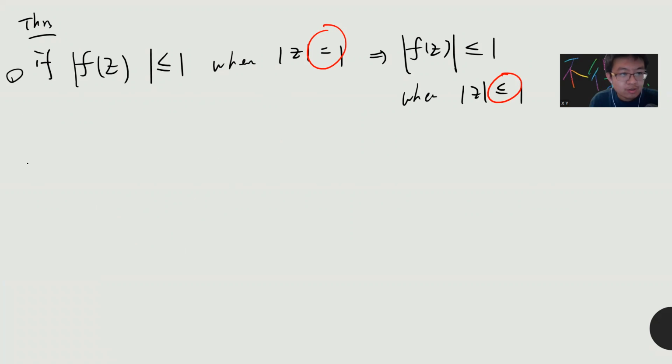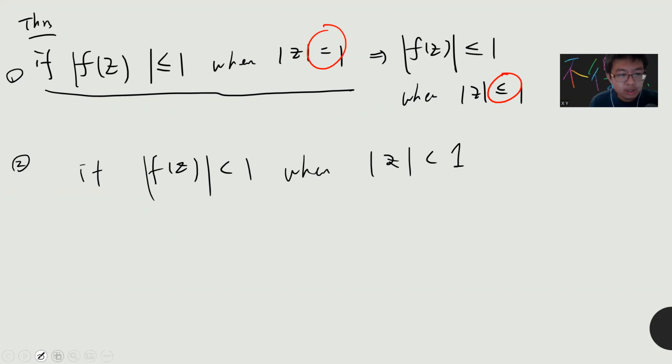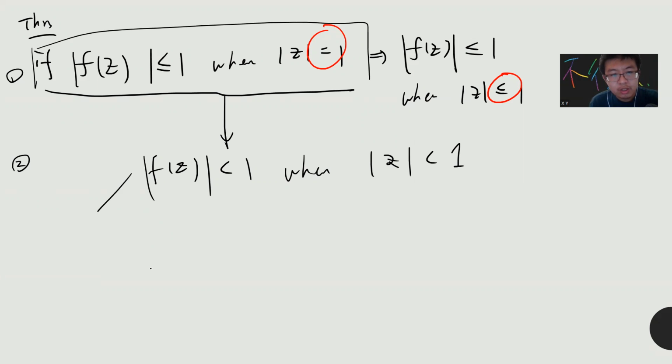So this is the first, and the second is the same condition: |f(z)| is less than 1 when |z| equals 1. If this condition holds, there are two possibilities.